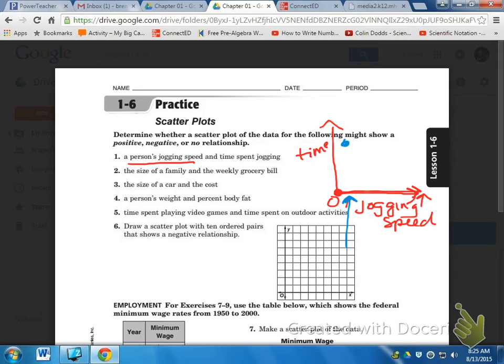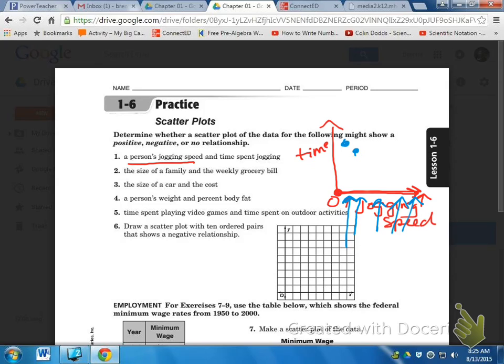Okay, let's say that they're just starting out with this and they maybe get a little bit faster, how long do you think it's going to take them? More or less time? Less time. It's going to be just a little less maybe. And as they keep doing this, if they really do it every day and they get faster and faster and faster, what's going to happen to the time they have to be out there, Tori?